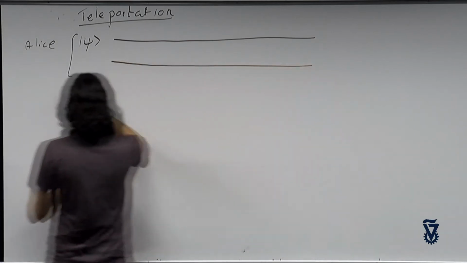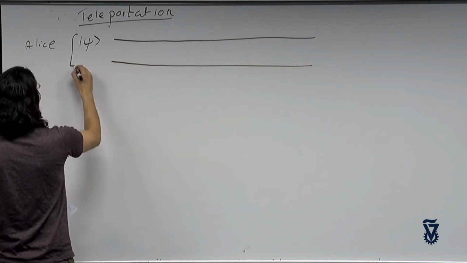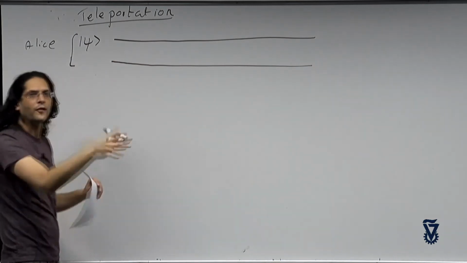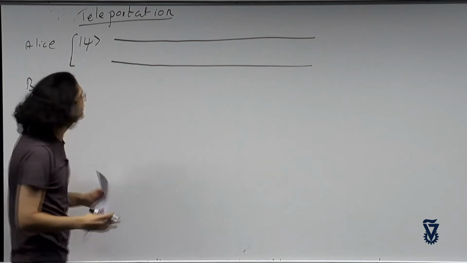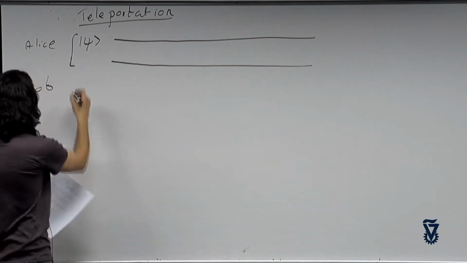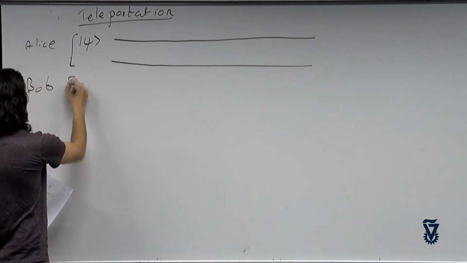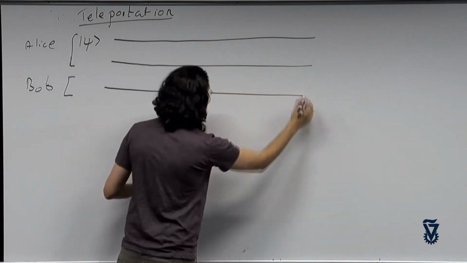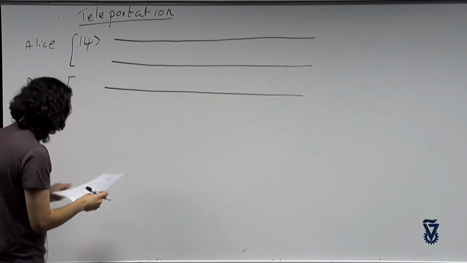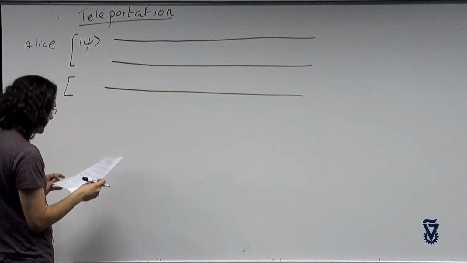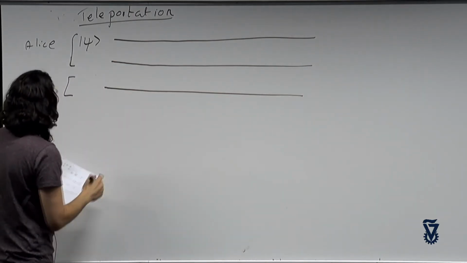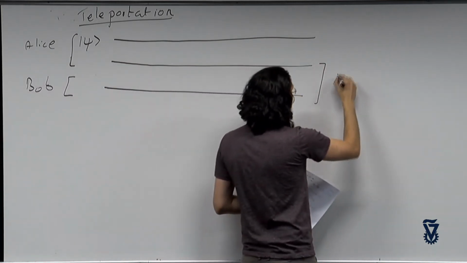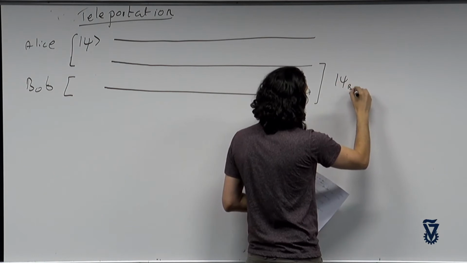And Bob is sitting far, far away. So this is Bob, and all Bob has is his part of the Bell pair. So this here, this is the Bell pair. So this is psi Bell.